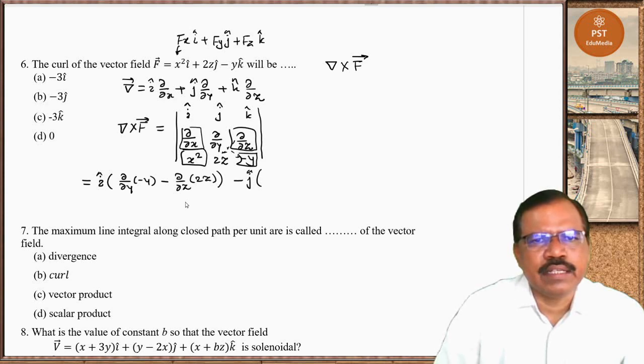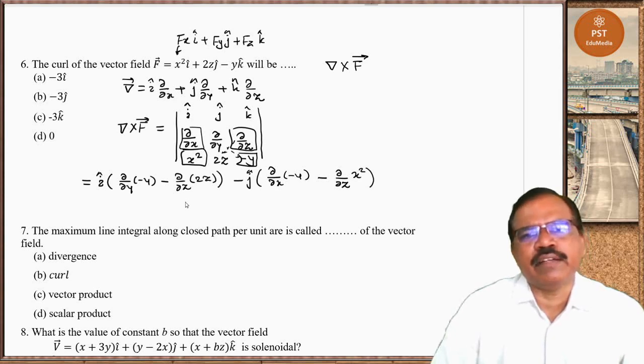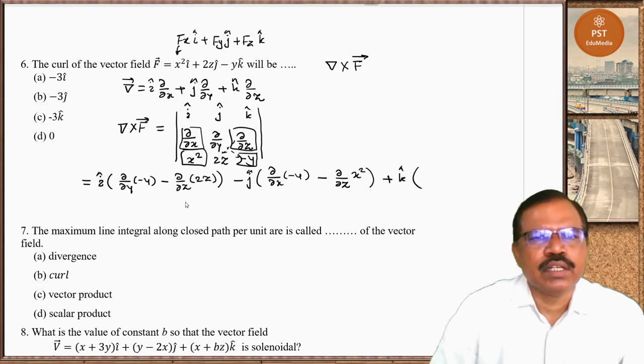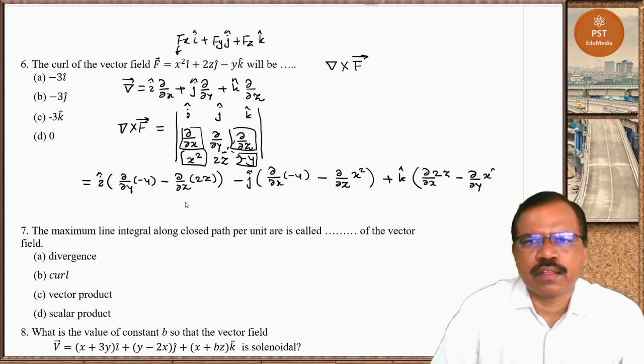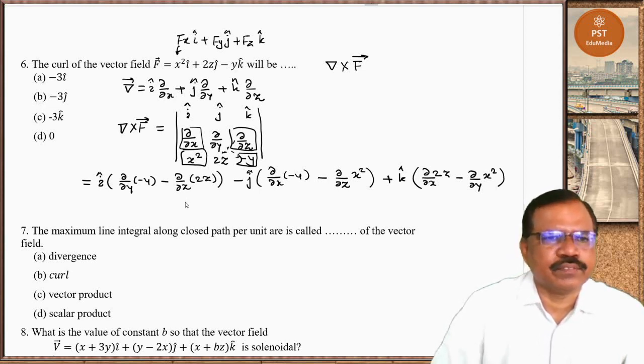So we get here del by del x of minus y, minus del by del z of x square, bracket is completed, plus k. Now we have to use del by del x of 2zy, minus del by del y of x square.